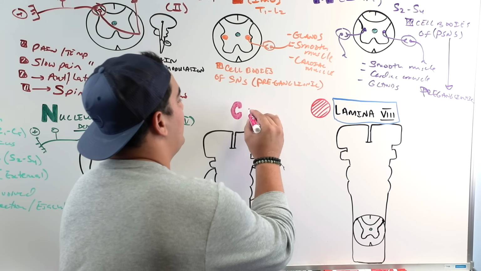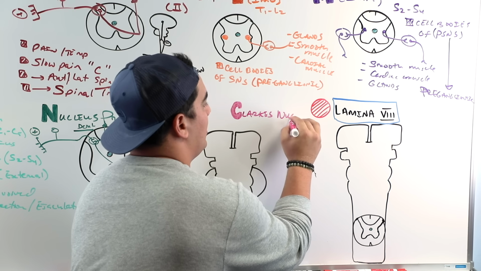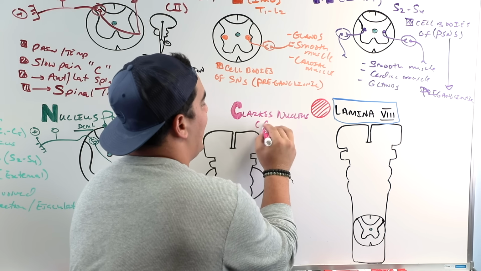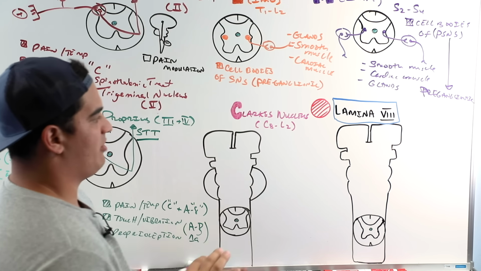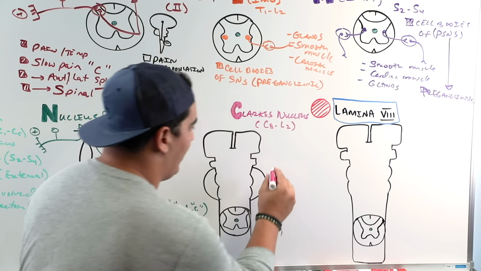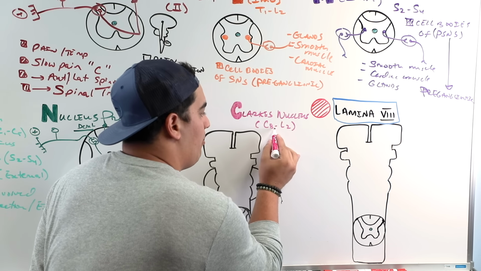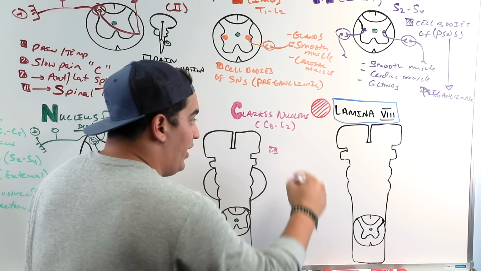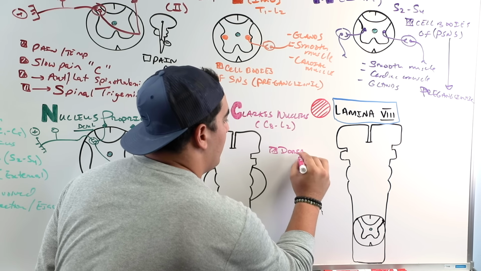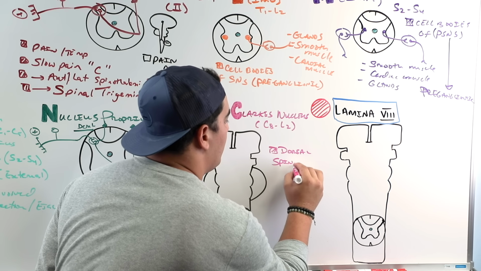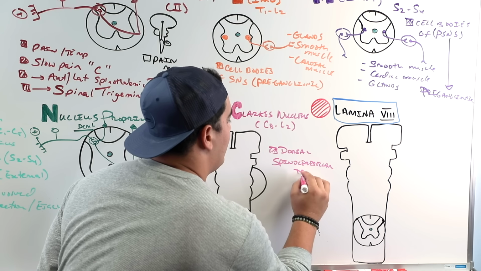All right, the next one is called Clark's column or Clark's nucleus. And we said that Clark's nucleus is actually only found at level C8 to about L2, L3 of the spinal cord. Now, the only thing I really want you to know for Clark's nucleus is that this is where the cell bodies that'll act as a relay for making the dorsal spinocerebellar tract.